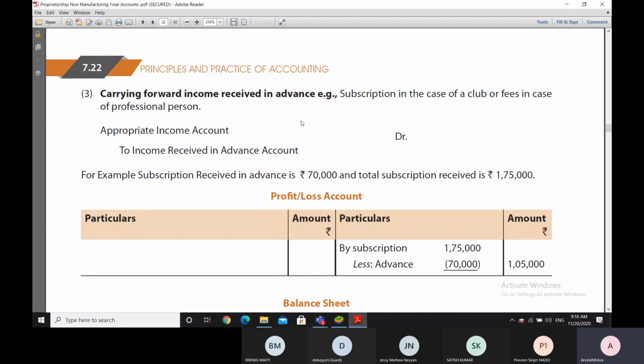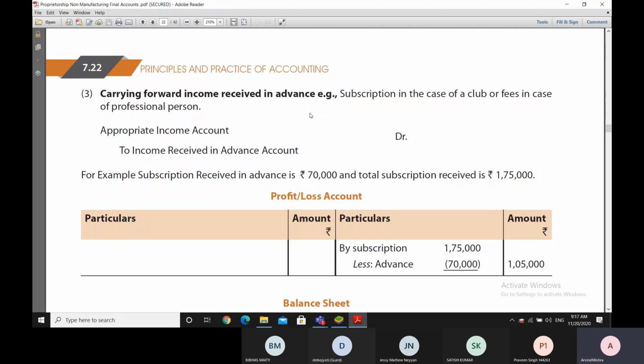Now we go to the next one, like carrying forward income received in advance. For example, sometimes this is another adjustment that we are making. Subscription is being received in case of a club, or fees in case of a professional person who has subscribed to a club. So he pays the club fees in advance.